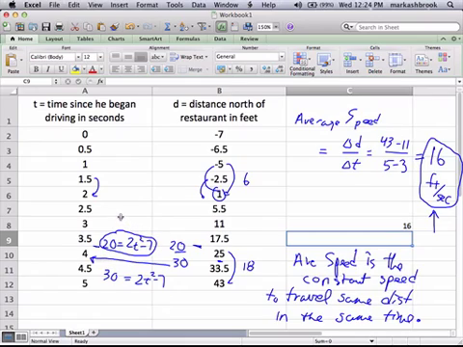So, anybody know what this is? 3 point what? So 27 divided by 2 is 13.5. Square root of 13.5. What's that? 3.7? Okay? And then we got to find the time when it's 30 feet north of the restaurant.